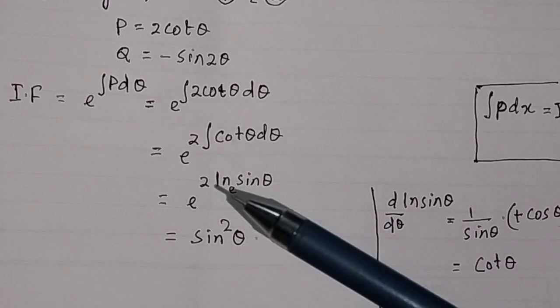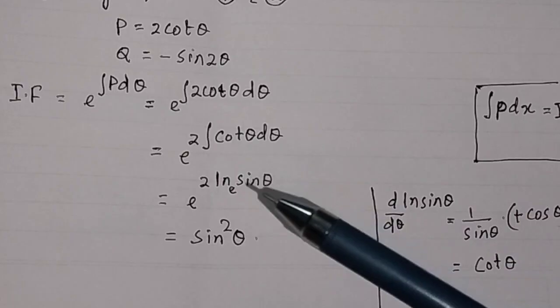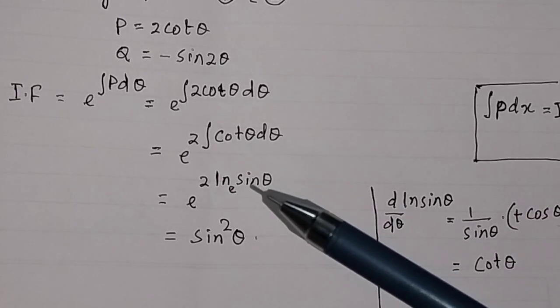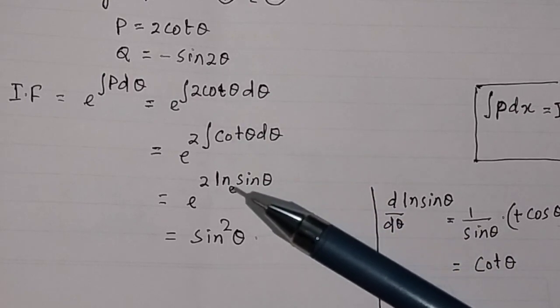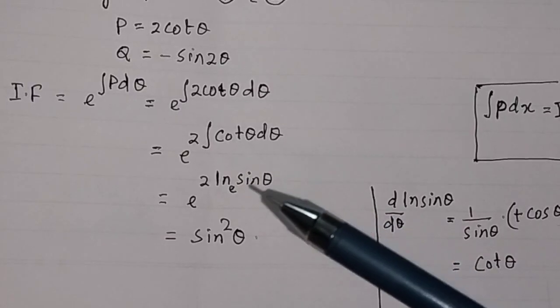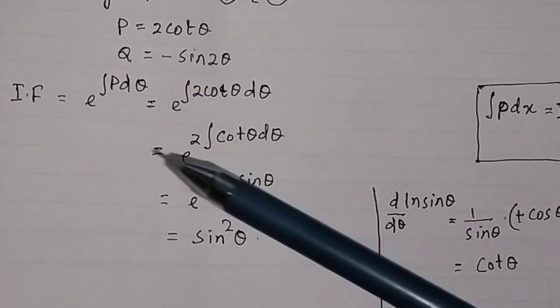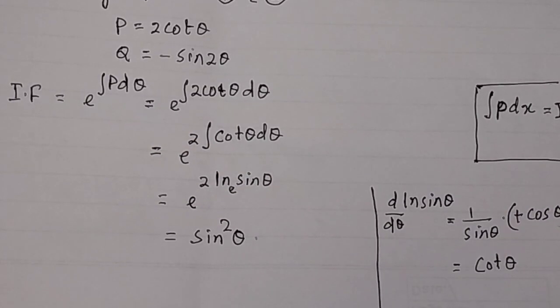So m log n means log n to the power m. In the same formula you can write here log sin square theta to the base e. e to the power log sin square theta to the base e means equal to sin square theta. So the integrating factor is equal to sin square theta.